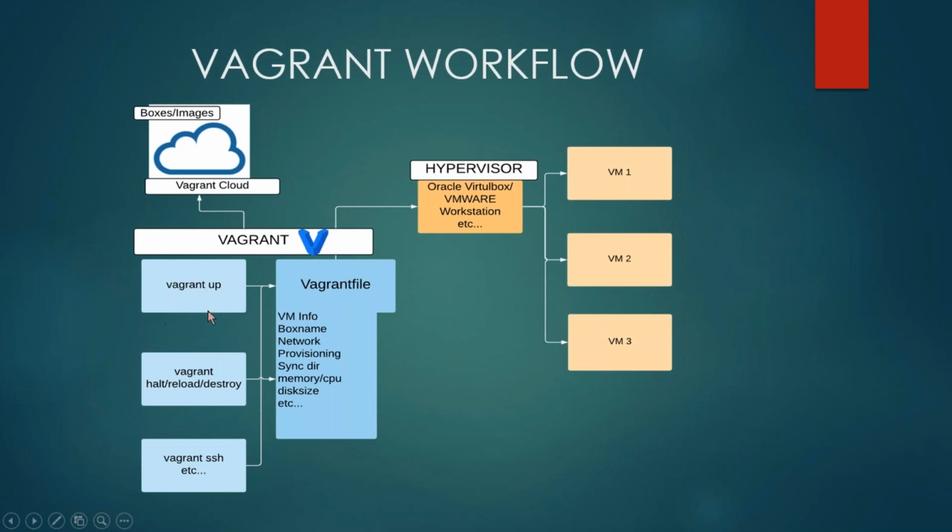Then you hit the command vagrant up. It will check the box name. If it's not available locally, it will download it from the cloud. Then it will contact your hypervisor or VM tool, which is Oracle VirtualBox. It will give all the information to Oracle VirtualBox, and VirtualBox will then create the VM for us. This is in brief. I'll tell you in detail later.